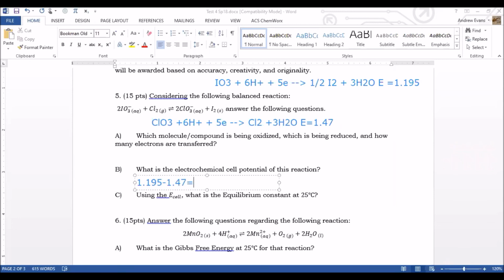So this is a case of a non-spontaneous reaction. You may want to treat this as always positive, but you have to use the equation that is given. Now, using the E cell, what is the equilibrium constant at 25 degrees?